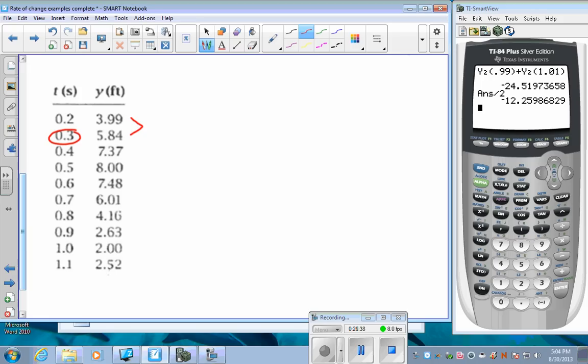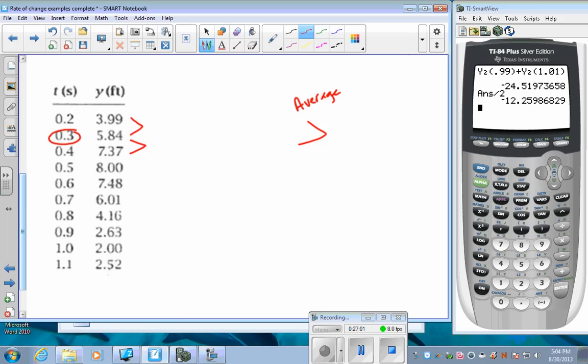Then I'm going to find the average rate of change from 0.3 to 0.4. Once I have those averages, I'm going to average those again. And that's going to give me a pretty good estimate of the instantaneous rate of change, and also a good estimate of the average rate of change because we are forced into this table.